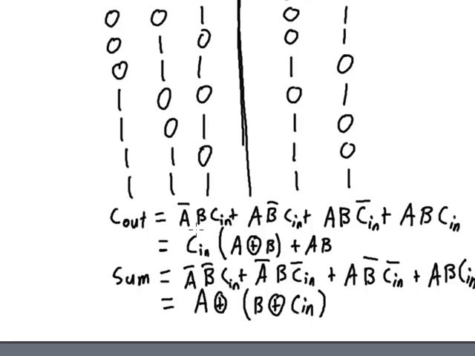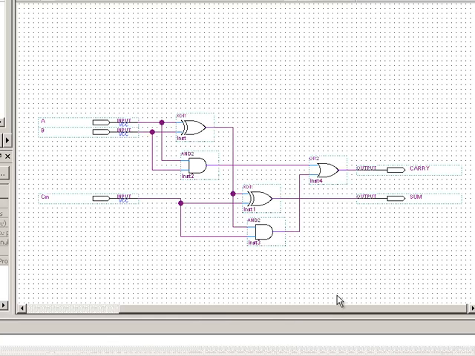And with the XOR operation, you can also write this as A XORed with B XORed with C in. So we've got an expression for the sum here and an expression here for the carry out. And we can implement this in logic gates like so.